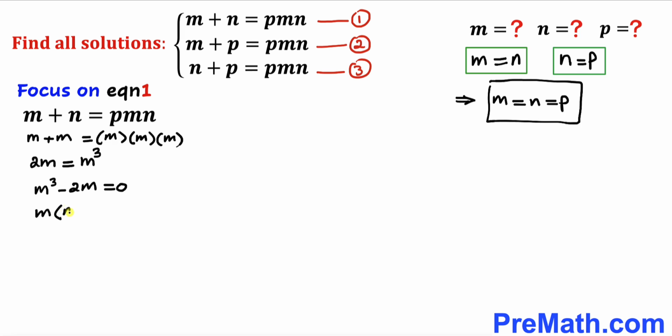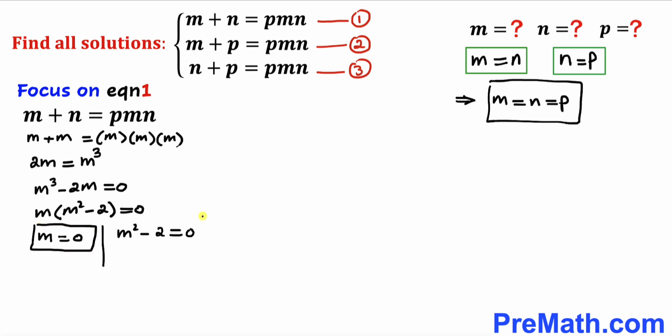So we got m times m squared minus 2 equals 0. And now we can see that these two factors are equal to 0, so I can separate them. I can write either m equals 0, or m squared minus 2 equals 0. So the first solution turns out to be m equals 0.